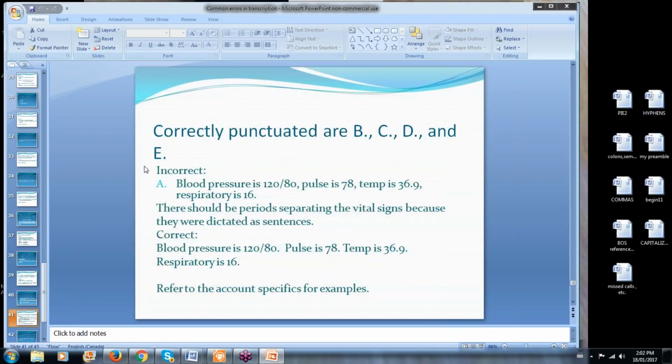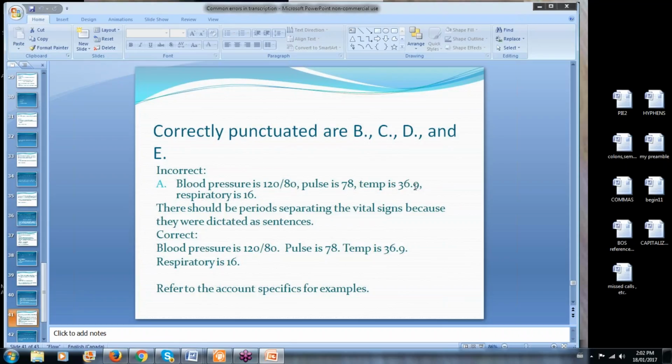So the correctly punctuated are B, C, D, and E. A is the only one that isn't punctuated correctly. And the reason being is because blood pressure is 120/80. That is a sentence. So there should be a period here.